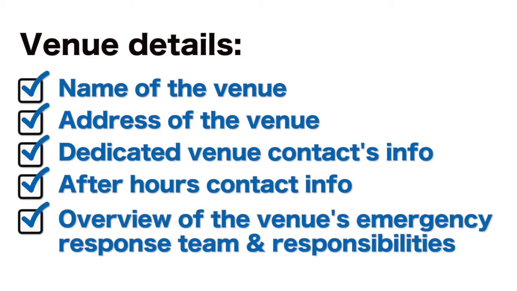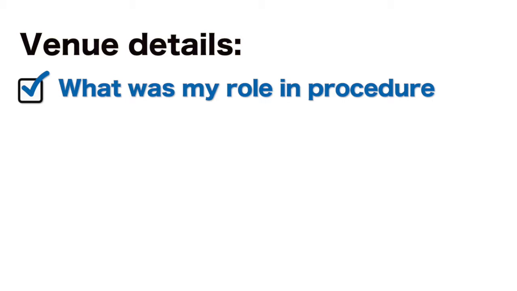An overview of the venue's emergency response team and their responsibilities. What was in place on site? Who was in charge? What were their roles? And then following that, what was my role in that emergency procedure?